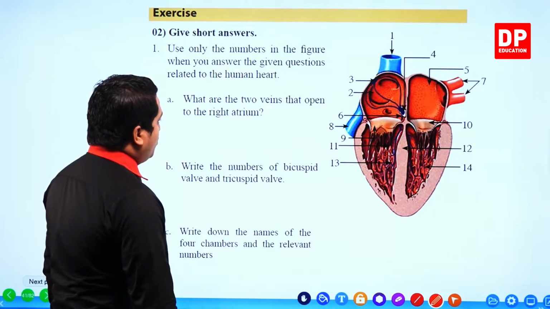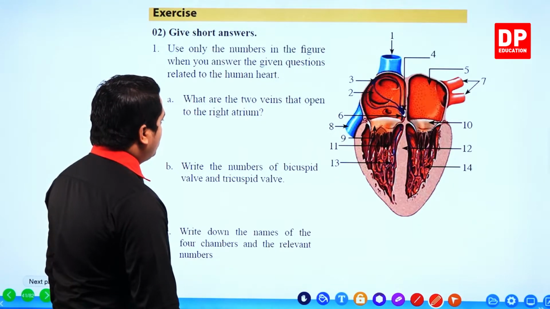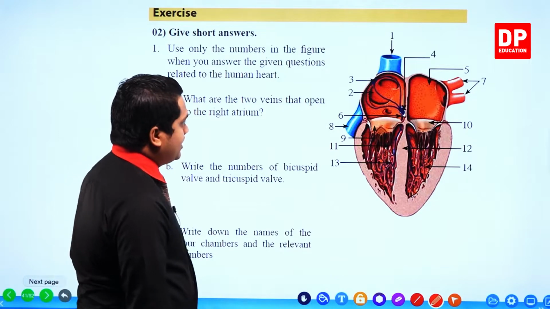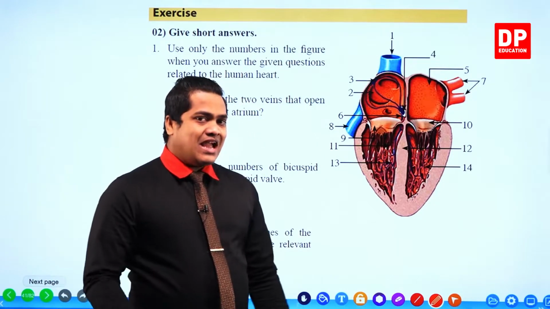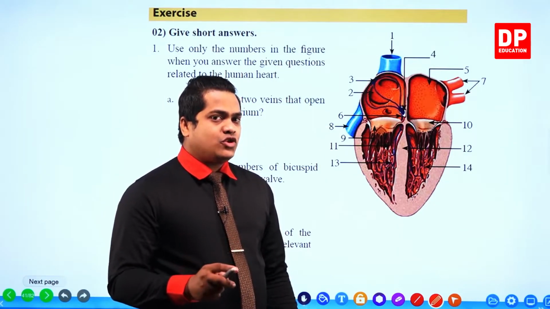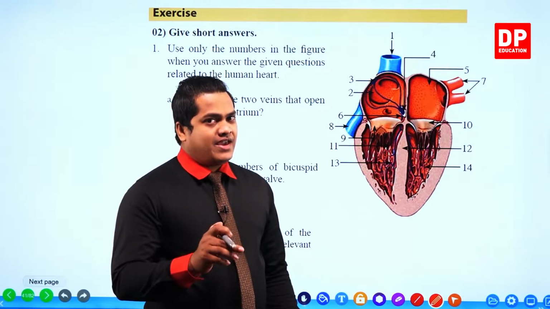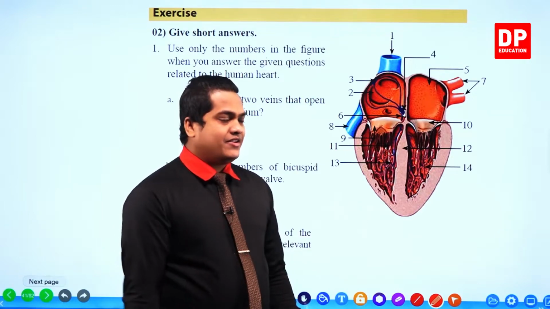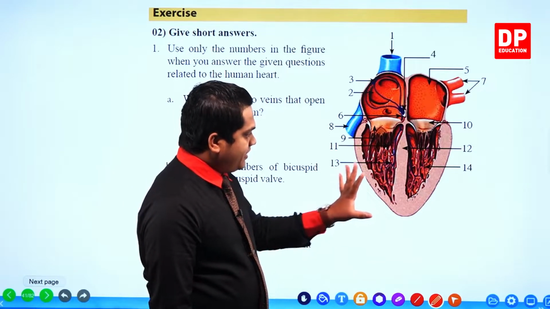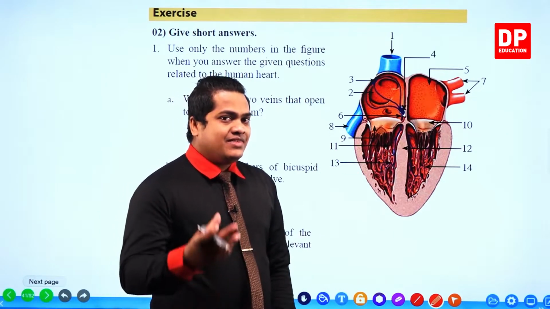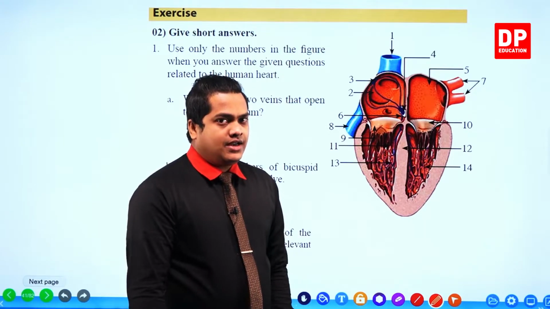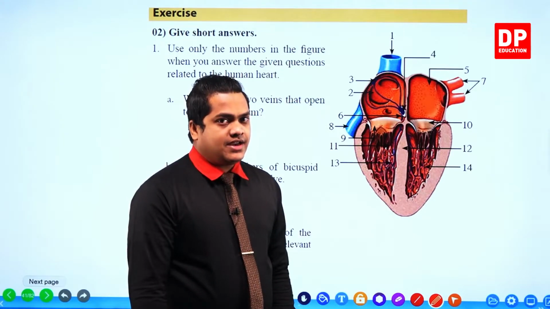What are the two veins that open to the right atrium? First of all, we'll identify which one is the right atrium. I told you a much easier way to identify. When you check a figure, always the thickest wall contains the left hand side, my dear children.